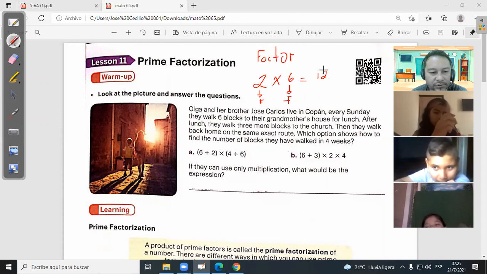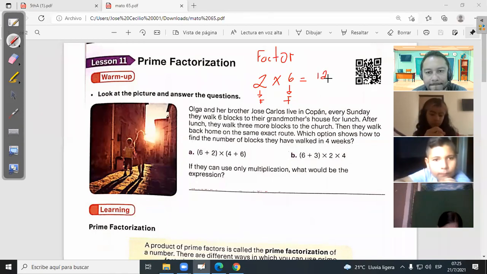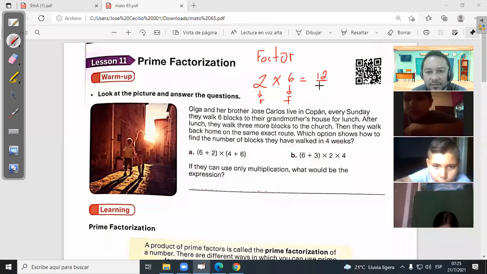Okay, I'm going to give you a clue. When you finish the division, you have a remainder. No, but what is it going to be when multiplying? The answer is the product.